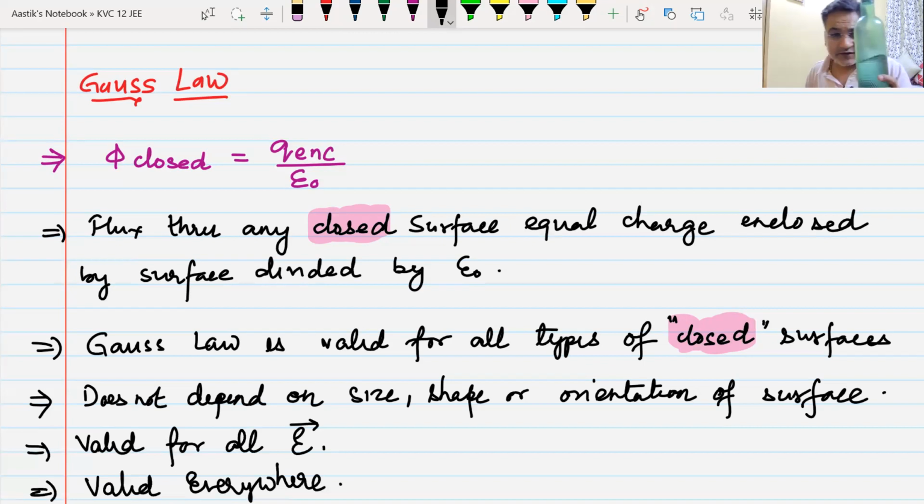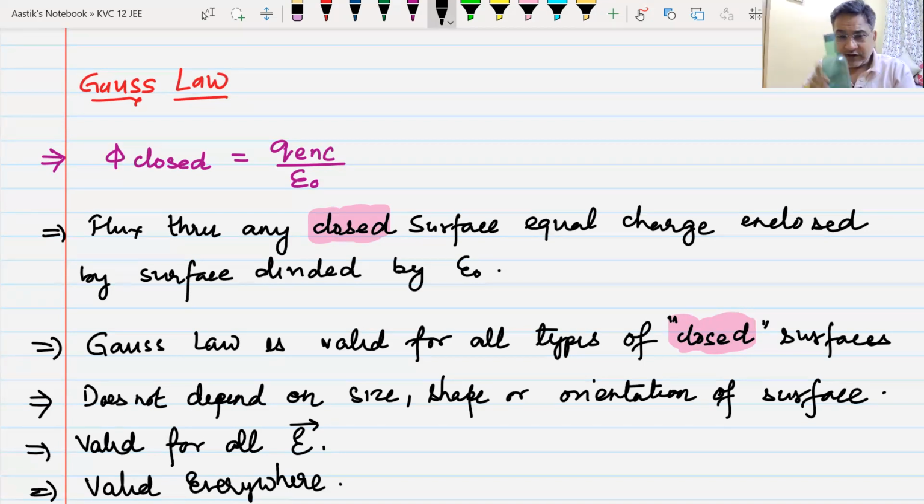I have this closed surface. This closed surface can be placed anywhere in this universe. Anywhere in this universe, you go and place this closed surface. If you want to find out the electric flux through this closed surface, now remember, this electric flux is created by electric field. This electric field is created by all the charges in the universe. Wherever there is a charge, it is creating electric field.